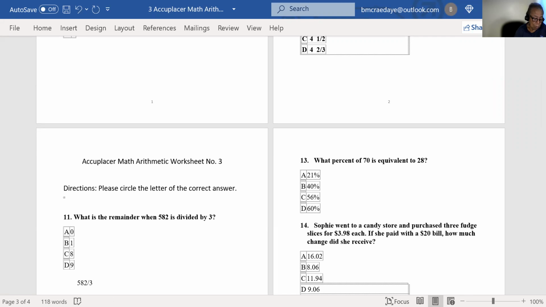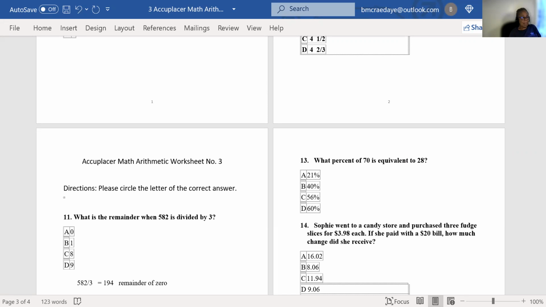So you get equal 194. Okay, now I want you to do this on your own. Put the 582 inside the box and 3 outside. Now you get 194 and remainder of 0.